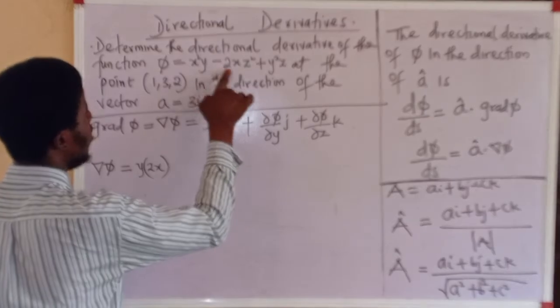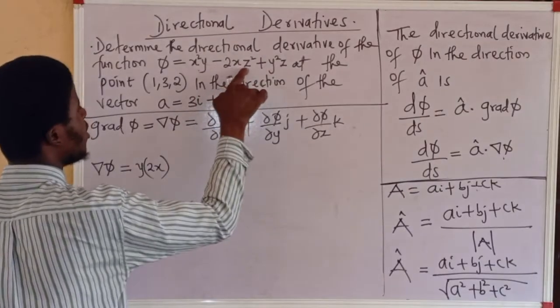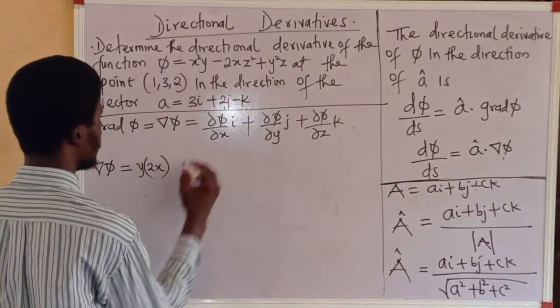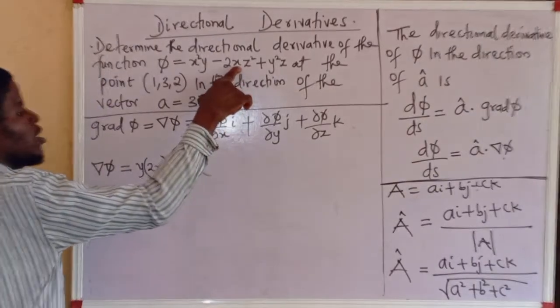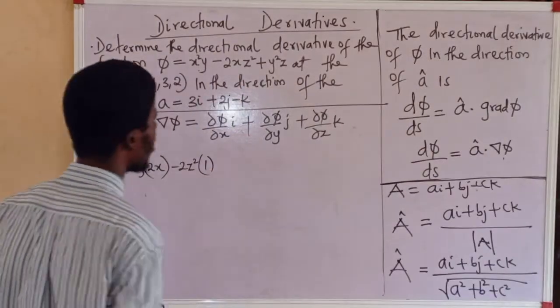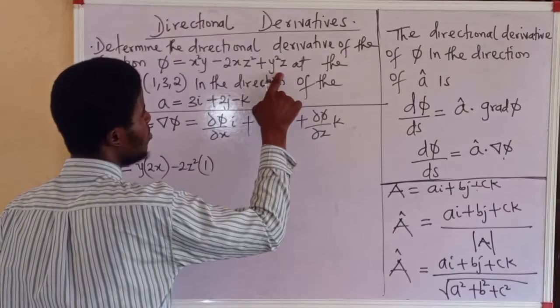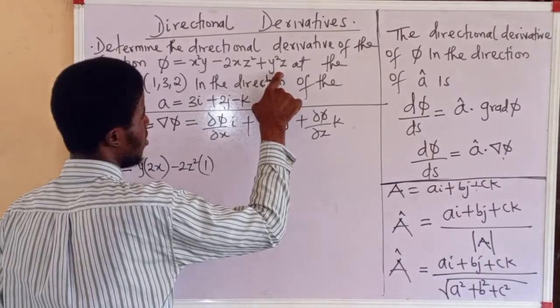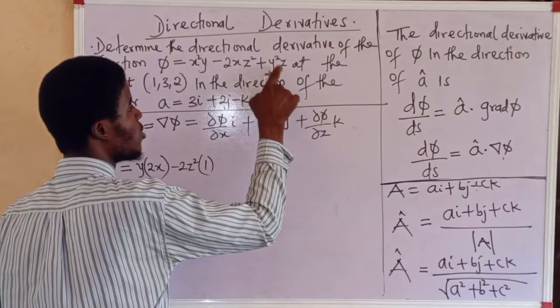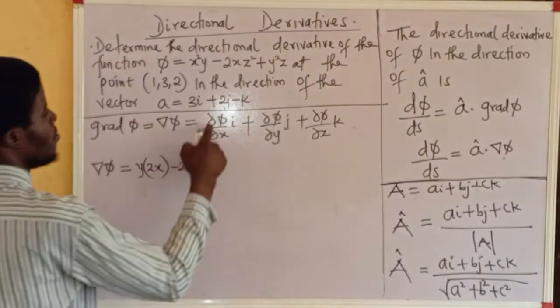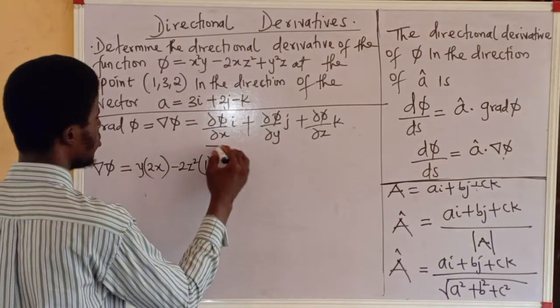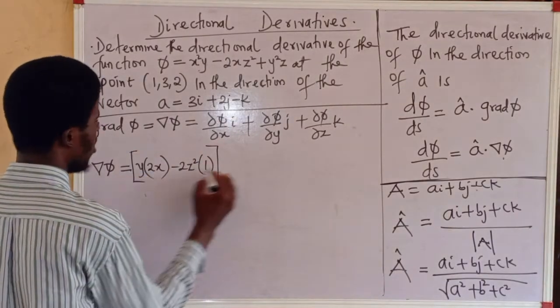Let's differentiate this now, minus 2x z squared. Keep minus 2z squared as a constant. Differentiate x with respect to x to get 1. Since there is no x here, this is a constant, and so the derivative of this constant is equal to 0.